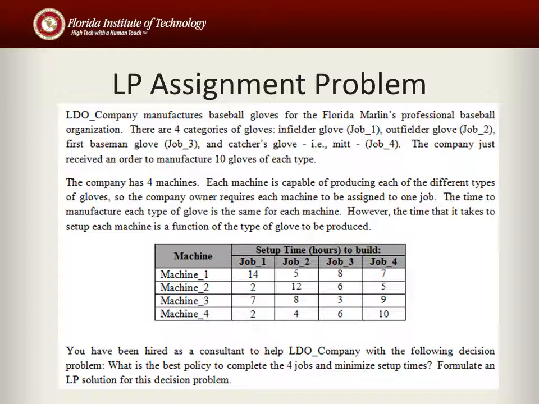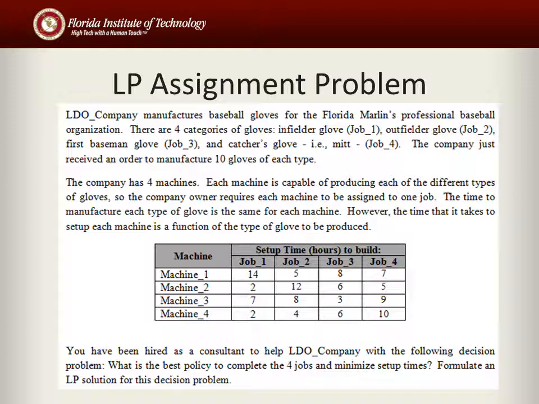The time to manufacture each type of glove is the same for each machine. In other words, if machine number 1 takes 1 hour to manufacture an infielder glove, machine number 2 is going to take the same processing time, 1 hour. That doesn't differ per machine. Now, the time that it takes to set up each machine is a function of the type of glove to be produced. We see this in the table, where, for example, the setup time for machine number 1 to do job number 1 is 14 hours.